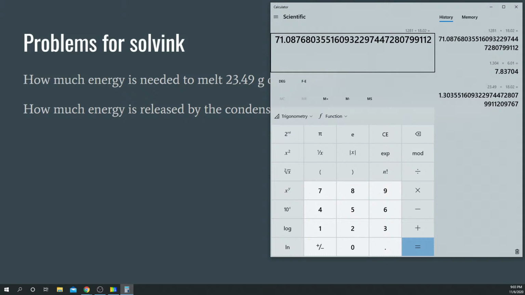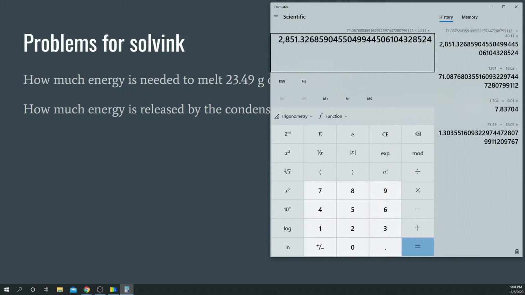And we have 71.09 moles of water. And now we multiply that by the enthalpy of vaporization, 40.110 kilojoules per mole. It gives us our answer, 2,851 kilojoules of energy.